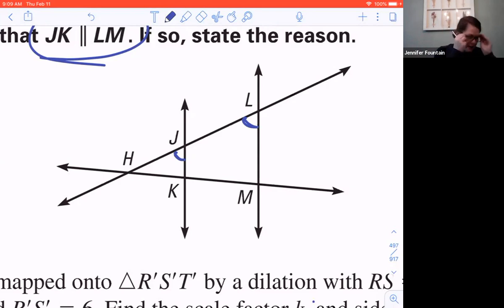Okay, flip back to page 143 in your textbook. Look at these angles that we're comparing and which one of these theorems line up.